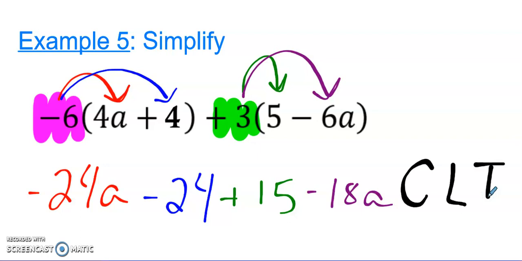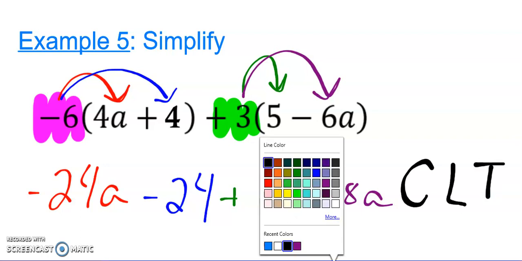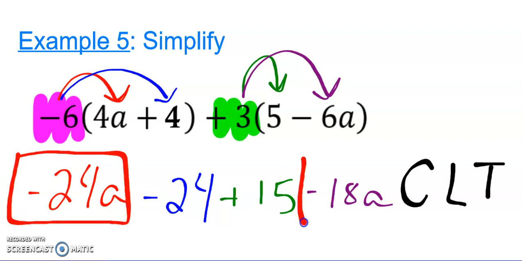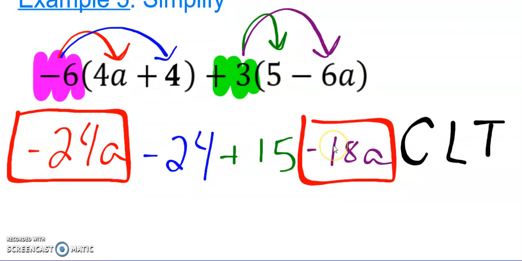So I'm going to help myself out by doing shapes for my like terms. So for my variables, I'm going to put a square around my variables. Okay, don't forget your sign. So what is negative 24a minus 18a? That's going to give me a negative 42a.